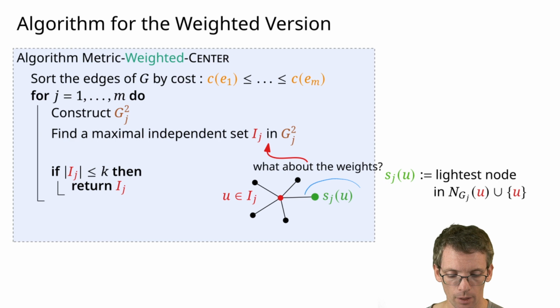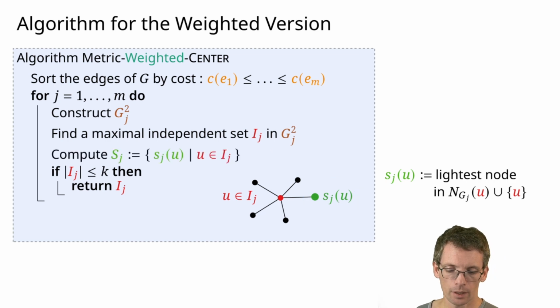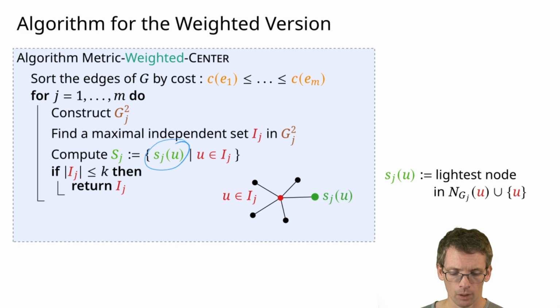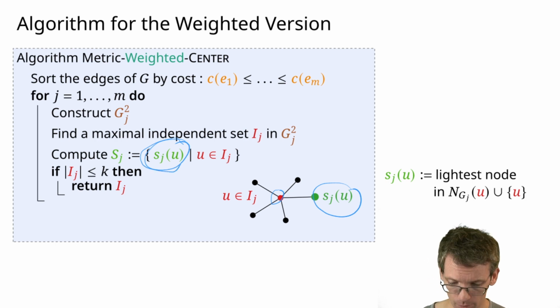Let's call this Sj of U. This is the lightest node in the neighborhood. And now, instead of taking Ij as a set of centers, I'm going to take the set of Sj. So for each of the U's in the independent set, I'm going to take the lightest node in the neighborhood, and I'm going to include that in my potential set of centers.